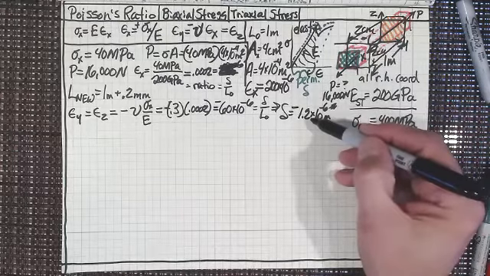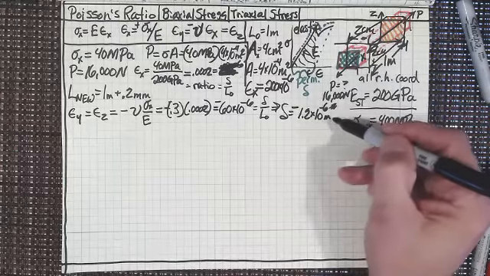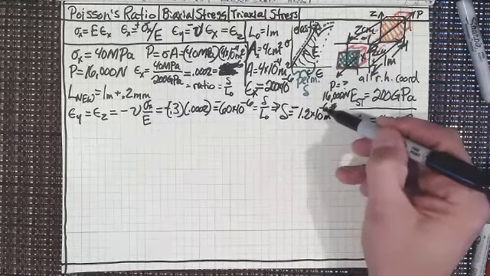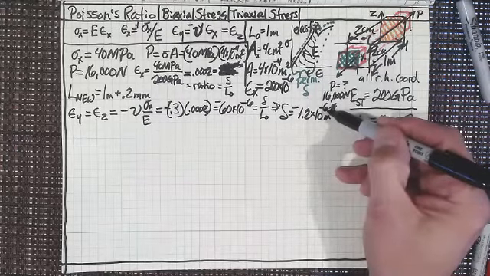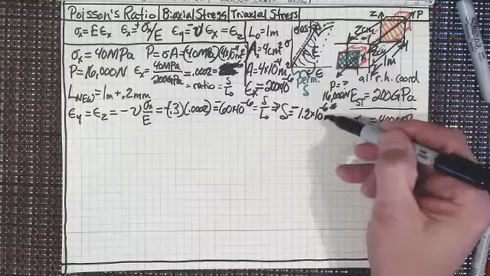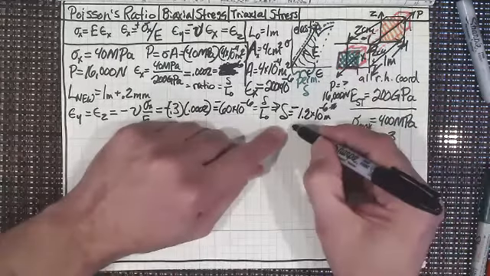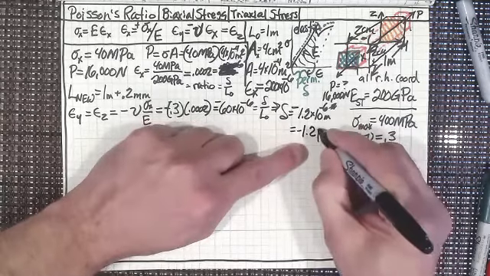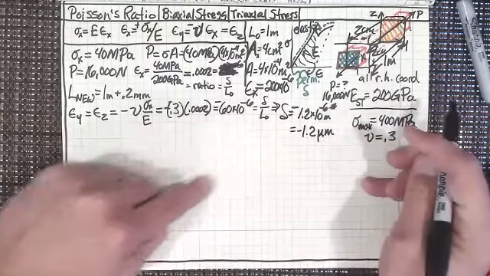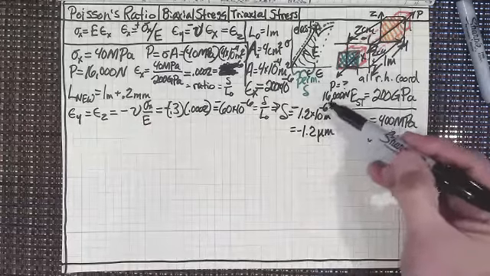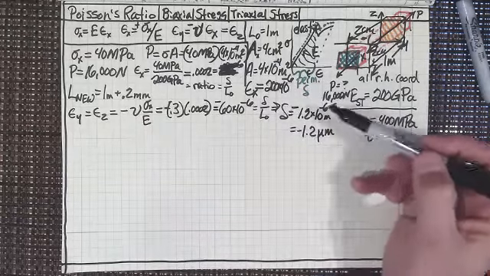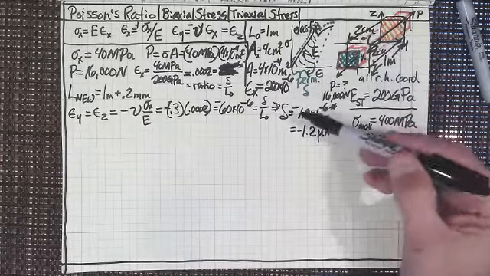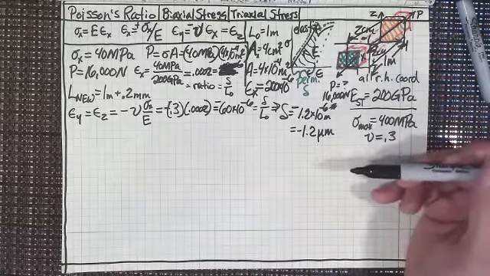So if we're talking in millimeters, it'd be 1.2 times 10 to the minus 3 millimeters, or really what I could say is that this equals minus 1.2 microns. I think I've got that right. 60 times 10 to the minus 6, and then that was 2 centimeters. Yep, I think that's right.